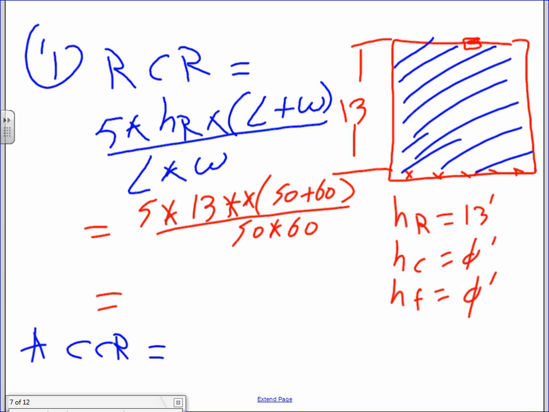If you did your math, you're going to end up with 2.4, and I'm going to approximate this to 2 so I can find the value. That's my room cavity ratio for this particular room. It's 2.4, and I went down to 2. You always go to the closest, right? 0.5 go up, less than 0.5 go down, unless you do interpolation. Okay.